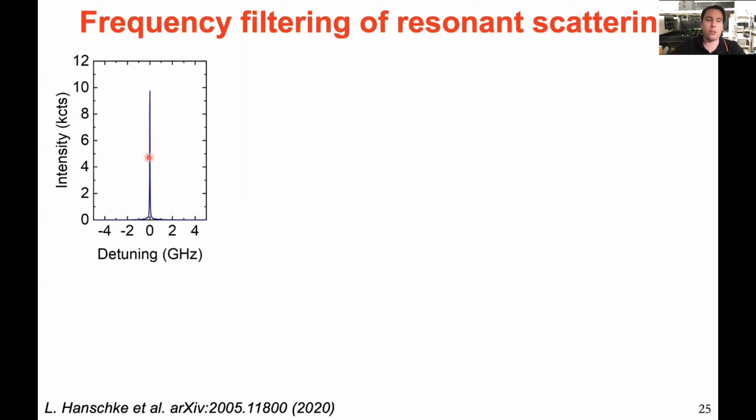We take our quantum dot, the two-level system, excited resonantly, and we see a really narrow emission line that has the line width of the excitation laser. If you now perform a G2 measurement, you see antibunching, which may make you believe that a resonantly driven two-level system under weak driving can emit single photons with subnatural line widths.